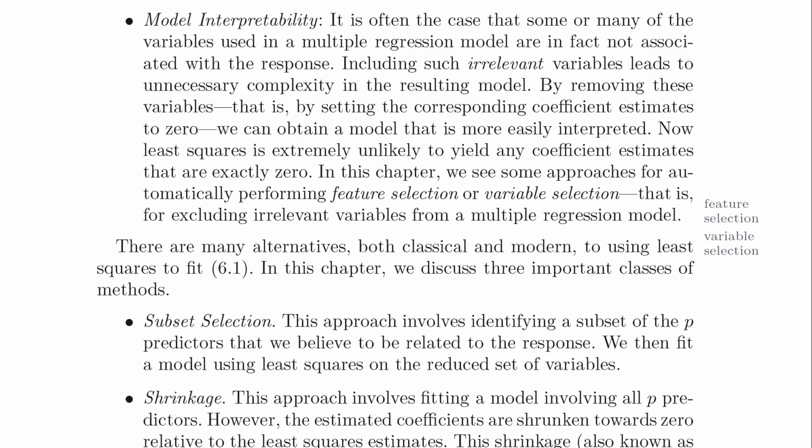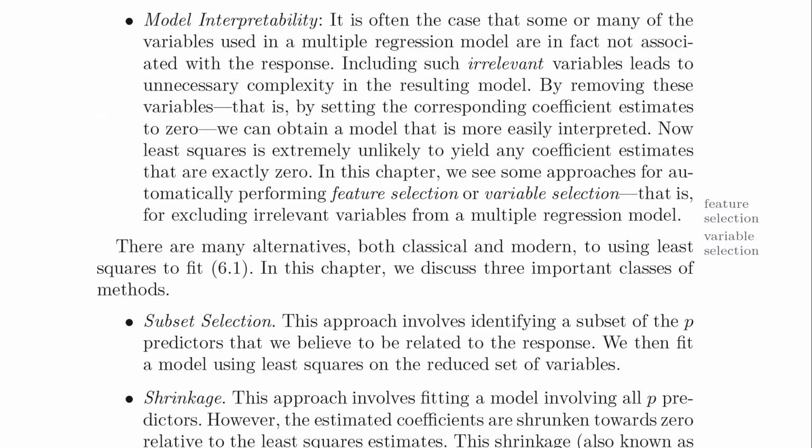Let's see. It is often the case that some or many of the variables used in a multiple regression model are in fact not associated with the response. This should remind you of the null hypothesis. Including such irrelevant variables leads to unnecessary complexity in the resulting model.